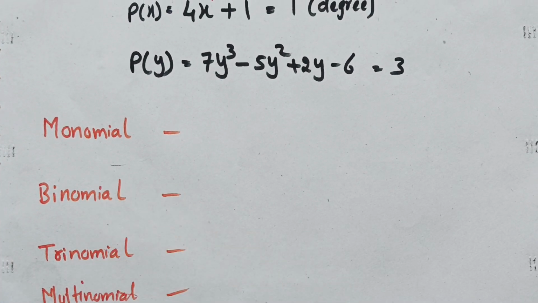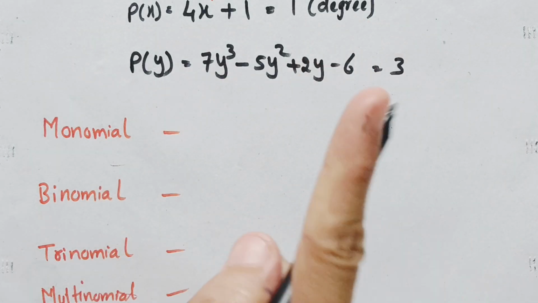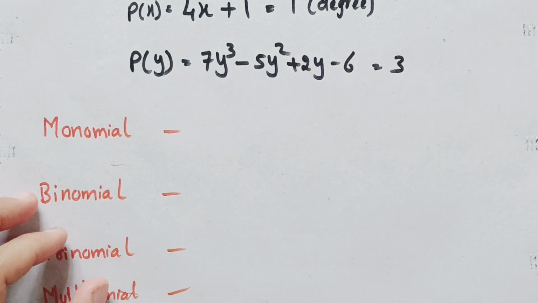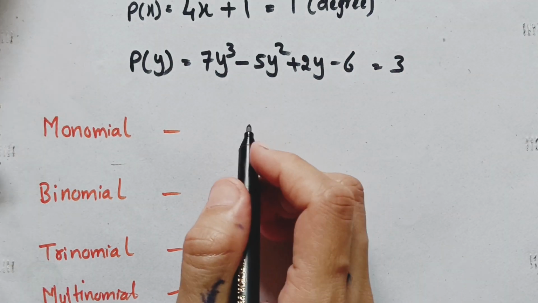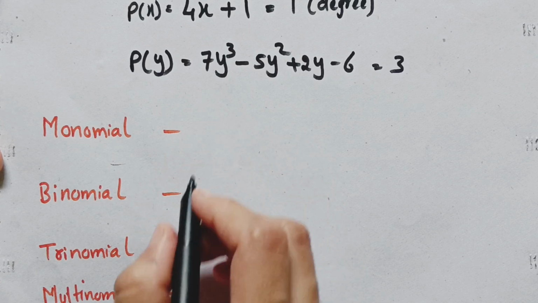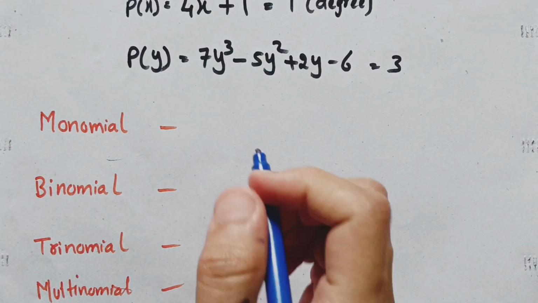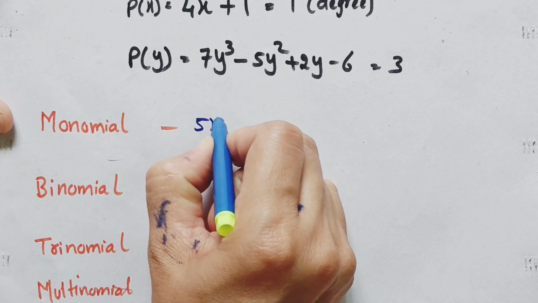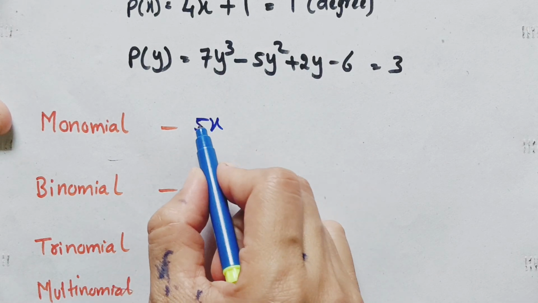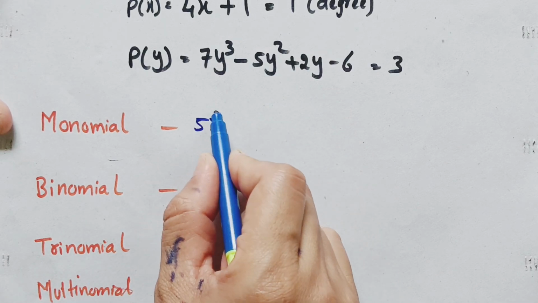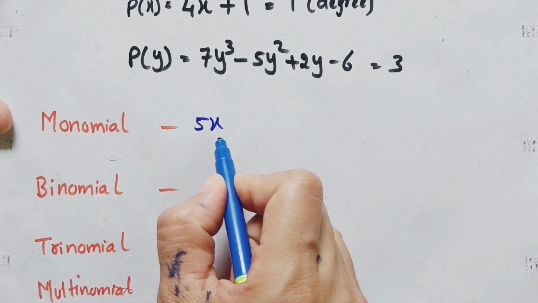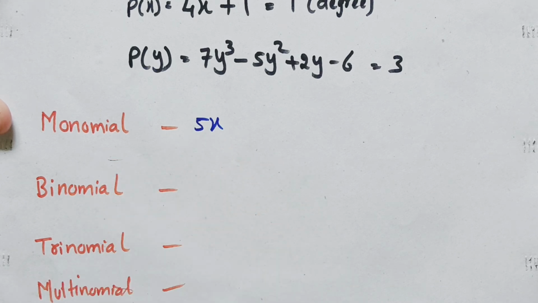Do you know what are all this? Monomial is nothing but we have only single term as a polynomial. Suppose for example, 5x. So we don't have any other terms here. We have only single term. So this one we call it as monomial.